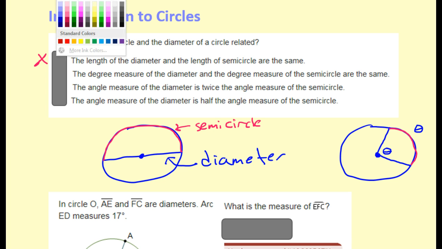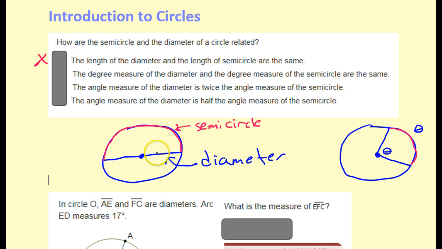That's going to be the answer, because the degree measure of the diameter, alright, is this angle right here. That is 180 degrees. And as I just mentioned, the central angle and the intercepted arc will always be the same measure. So this is 180 degrees. The arc is also 180 degrees, the semicircle.